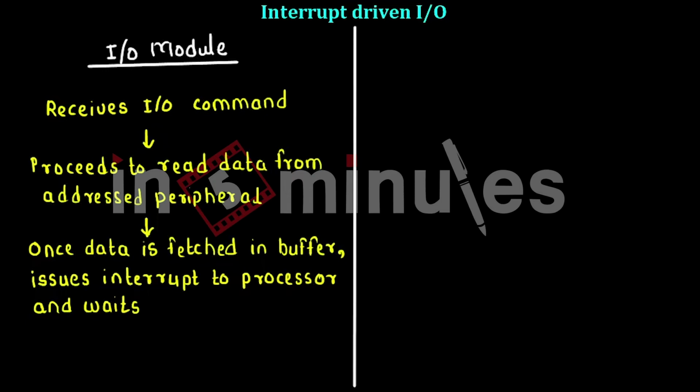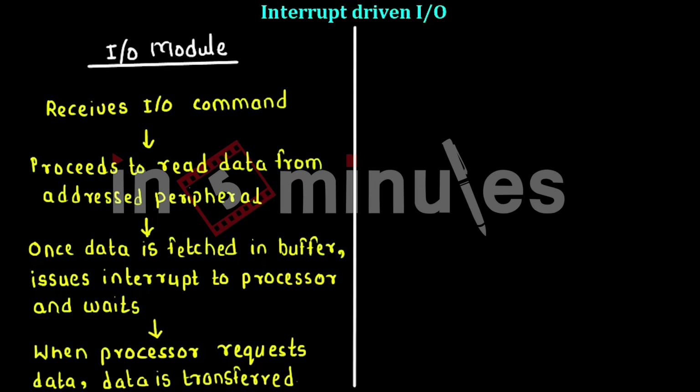Once data is fetched in the buffer, or if it is a write operation, the data buffer is completely transferred to the output device. It issues the interrupt to the processor and waits, so it notifies the processor that the operation is complete. When the processor requests that particular data, the data is transferred to the processor.